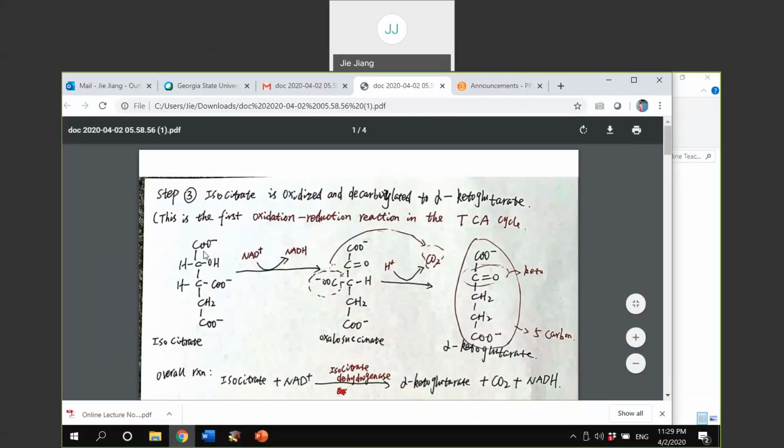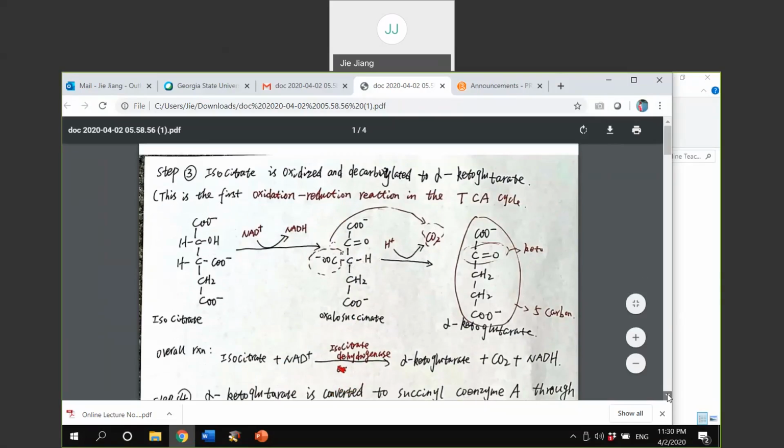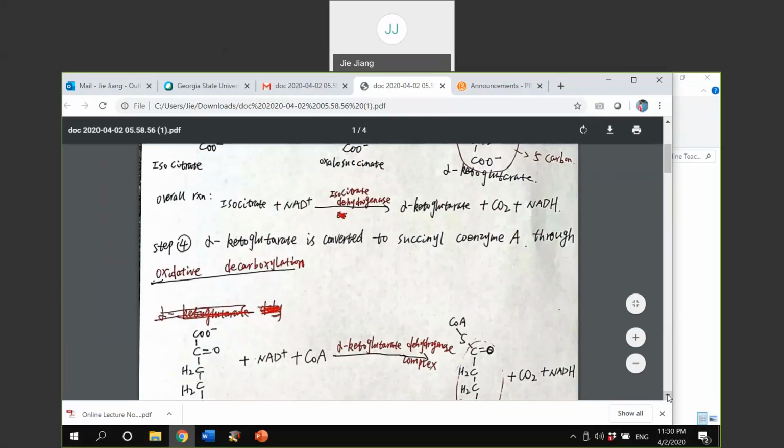Since we have this isocitrate, you have to know which carbon is removed. That's an important thing, because later on when we talk about isotope labeling, we need to know how to track the carbon in this citric acid cycle. That is step 3: the 6 carbon becomes 5 carbon and you release carbon dioxide.